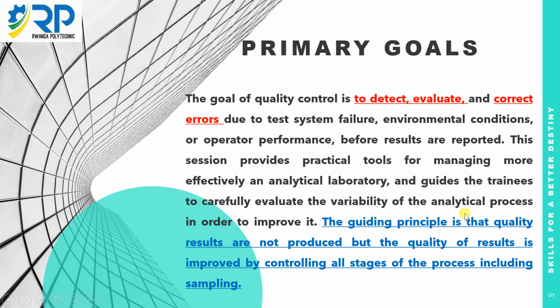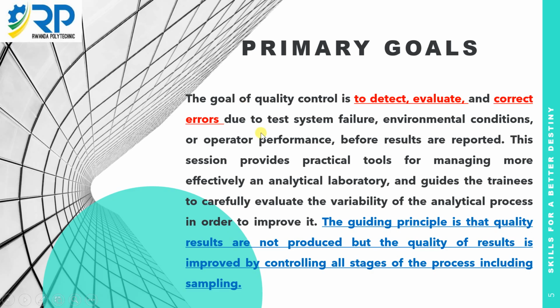The primary goals of this laboratory management protocol also include the goal of quality control, which is to detect, evaluate, and correct errors. So what are these errors in the laboratory? We have many errors, divided into two classifications: random errors and non-random errors.